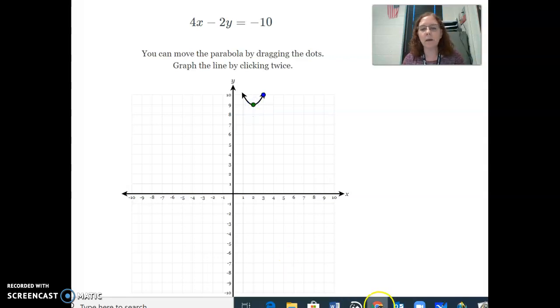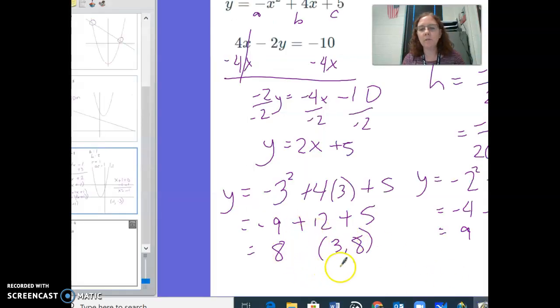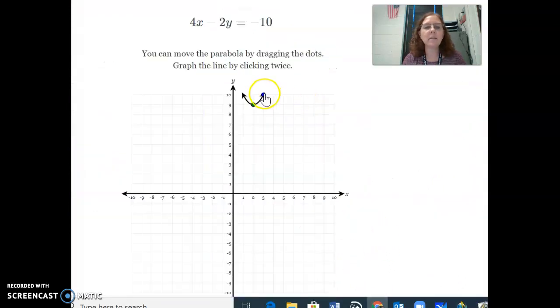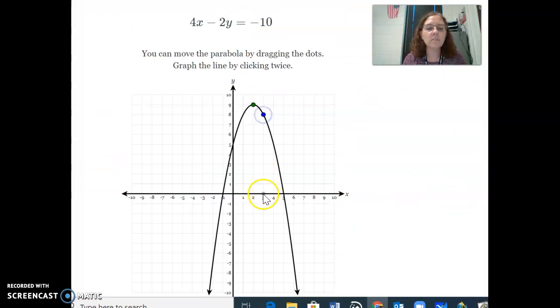All right, and then the blue dot. The blue dot is this one. The blue dot is 3, 8. Okay, so let's move the blue dot to 3, 8. All right, so there it is, 3, 8. And the green dot is 2, 9.